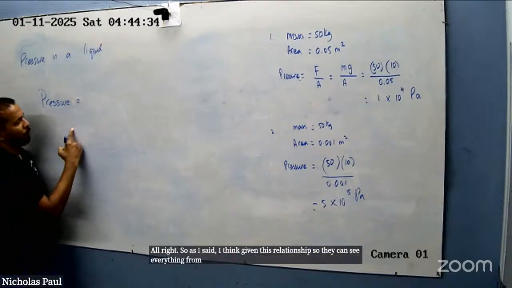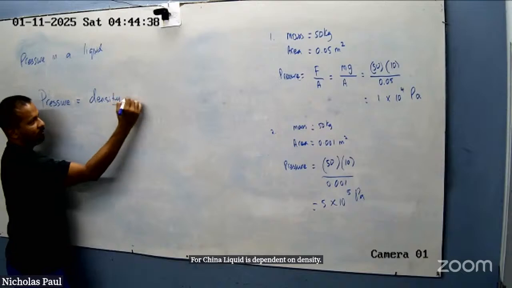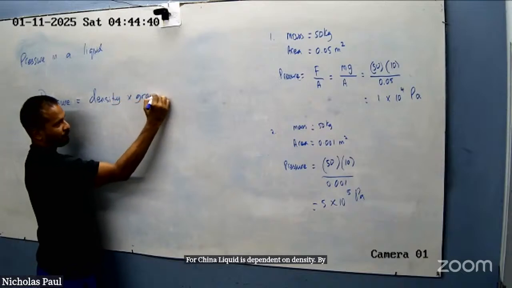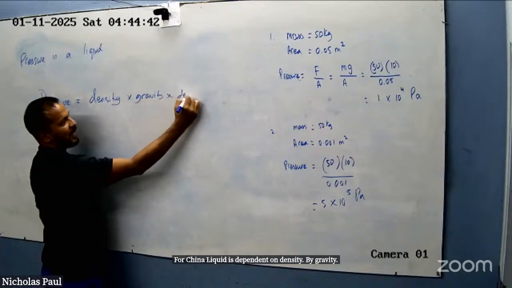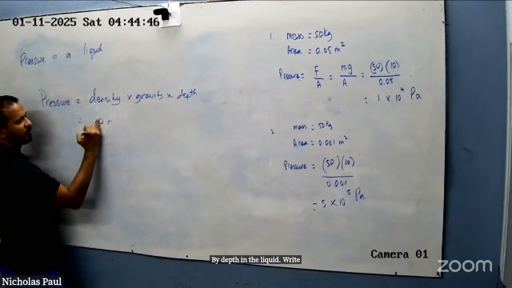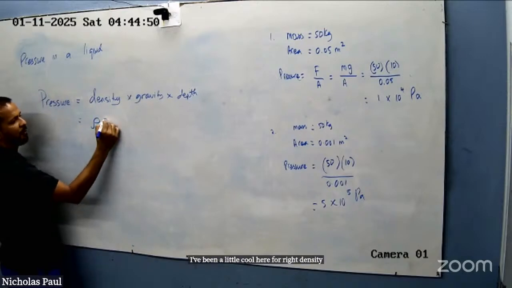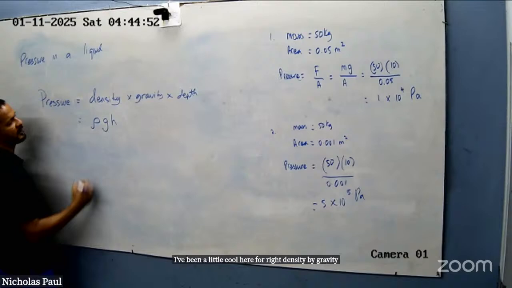Pressure in a liquid is dependent on density by gravity by depth in the liquid. Symbol density, that little curl, by gravity by depth.